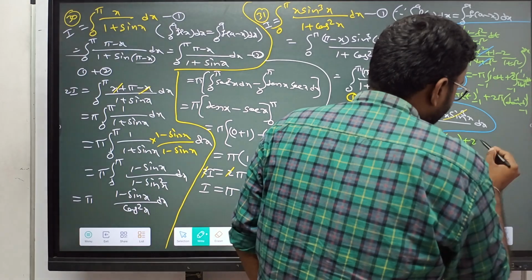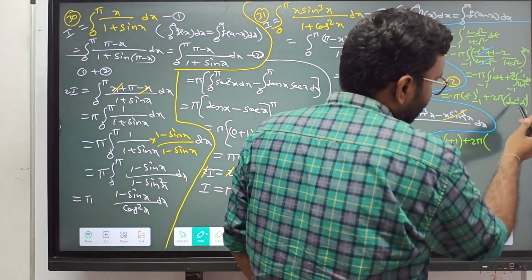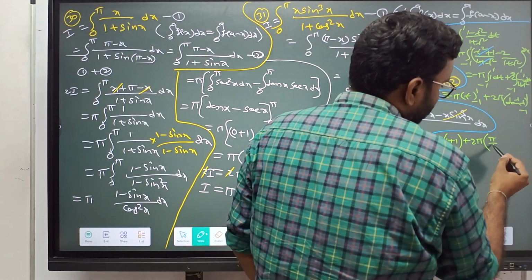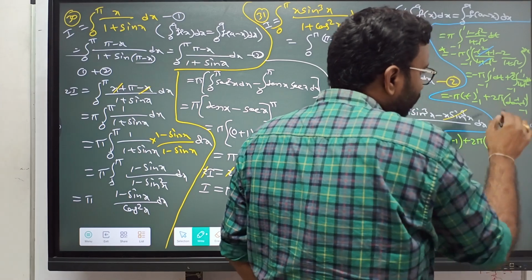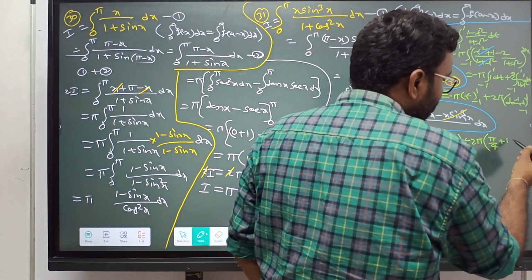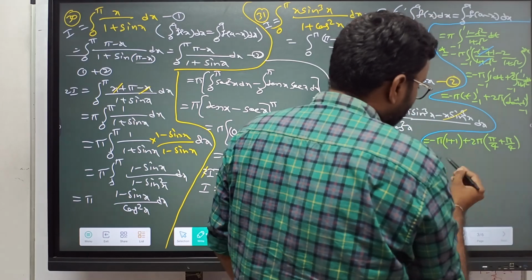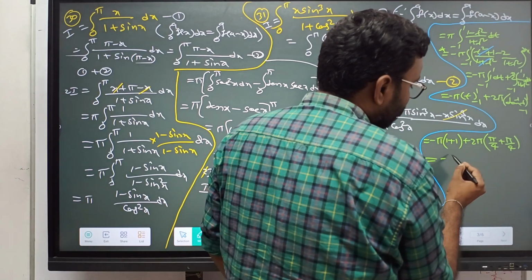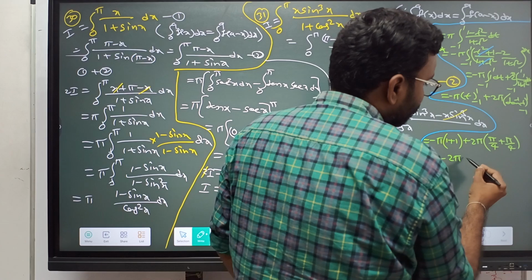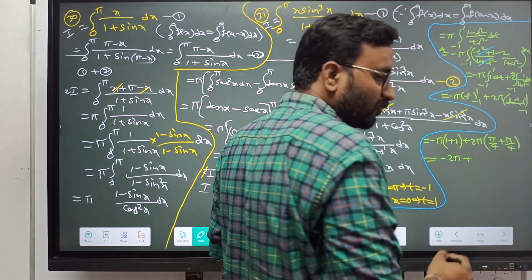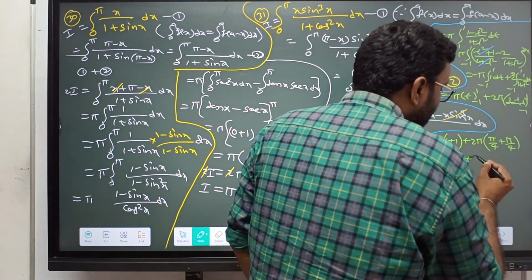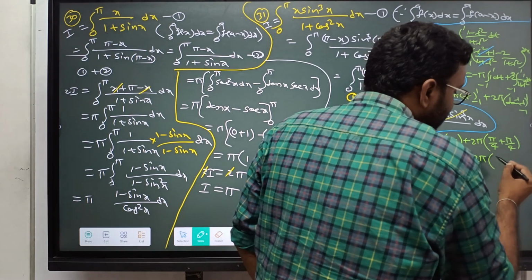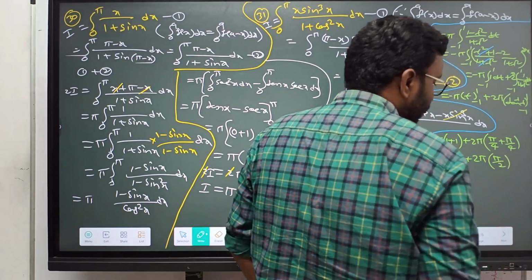Next plus 2 pi. First write upper limit tan inverse 1, 45 minus tan inverse of minus 1, minus into minus plus pi by 4, which is equal to, what? Minus 1 plus 1, 2 pi and plus pi by 4 plus pi by 4, 45 plus 45, 90. So that is pi by 2.